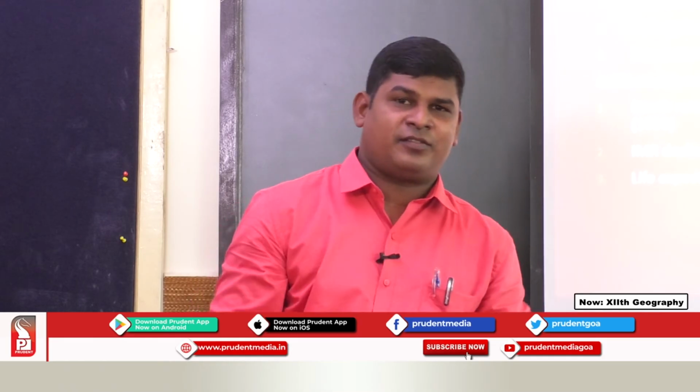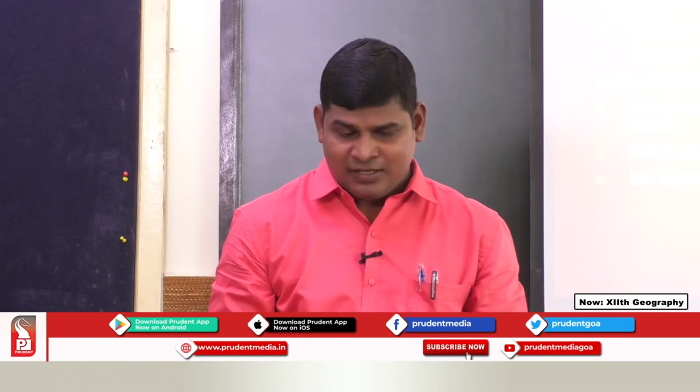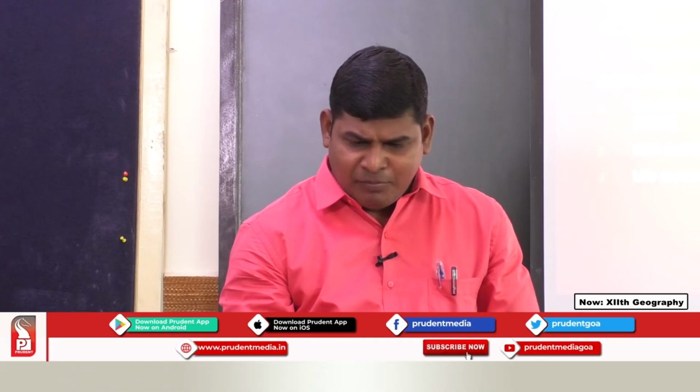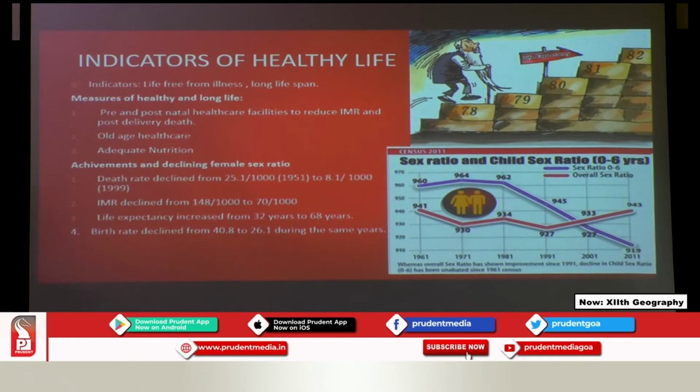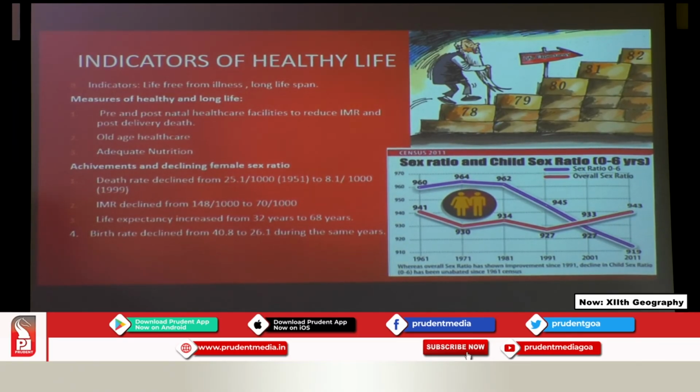But it varies between males and females. But there is a major problem in case of sex ratio. Again, we can think that even birth rates have declined in India from 40.8 to 26.1 during the same years. I was talking about the sex ratio.